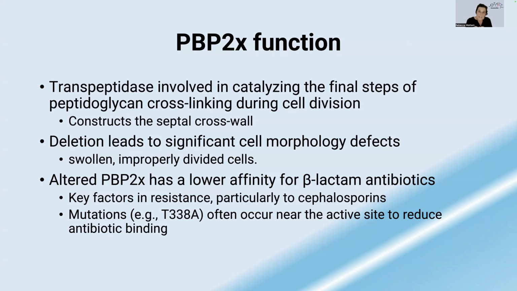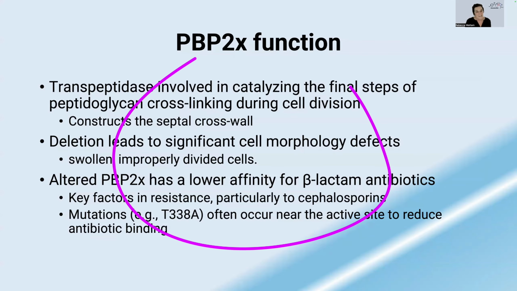If you delete PBP2X, it leads to significant cell morphology defects. The cells can't divide well, they get swollen, and the mother and daughter cell die. If you're the human that's infected, that's good news. If you're the bacteria, that's it for you.